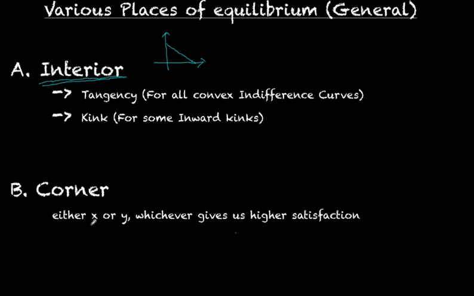The second place for us to have an equilibrium is the corner equilibrium, which is these two corner points, the corner points on the y-axis or the x-axis. So corner is either the x-axis or the y-axis, so either point A or B on the budget line, right? On the budget line.